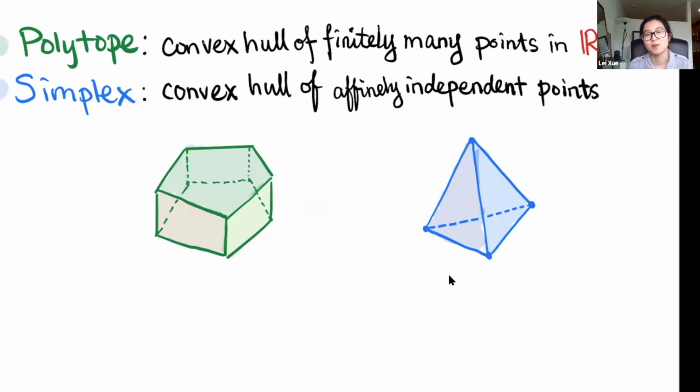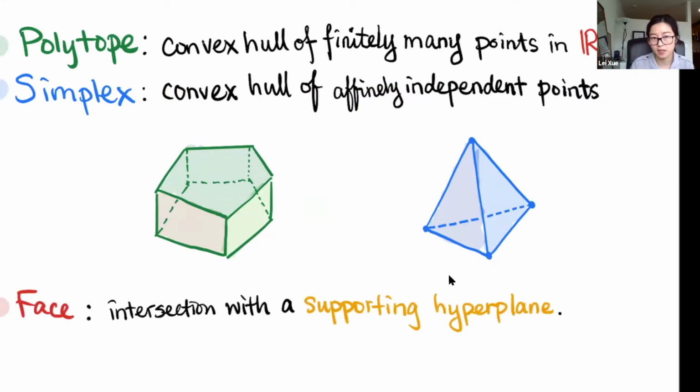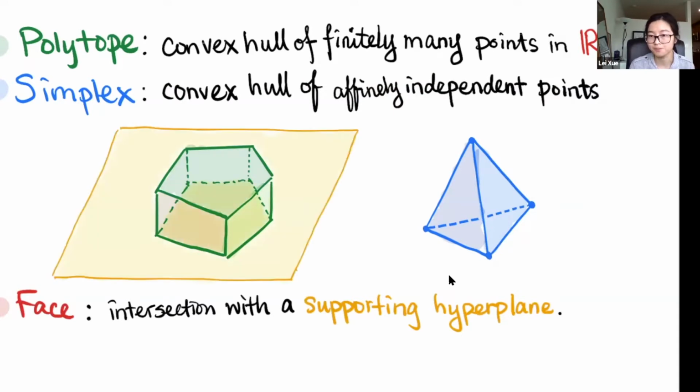Again, take a finite set in R^d and take a convex hull of it, that's called a polytope. And if that set is affinely independent, then we call it a simplex. And we can define faces of a polytope by the intersection between the polytope and a supporting hyperplane, like this one.